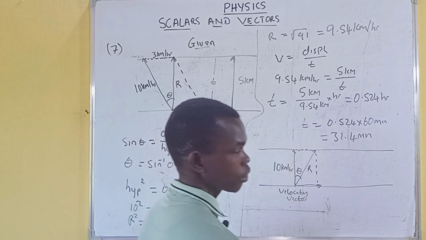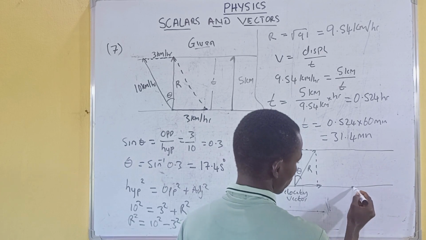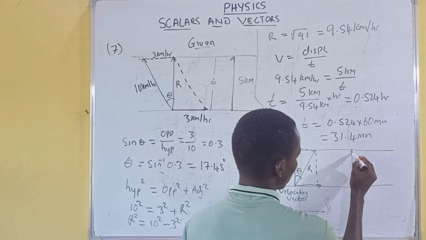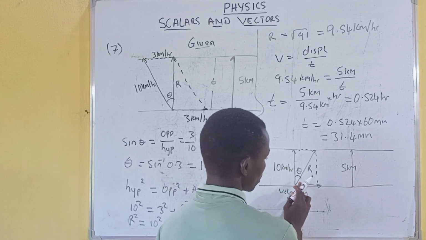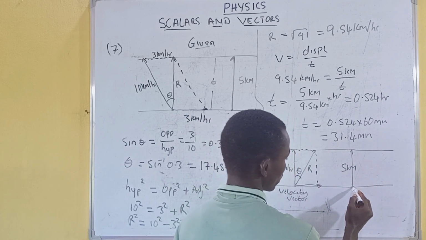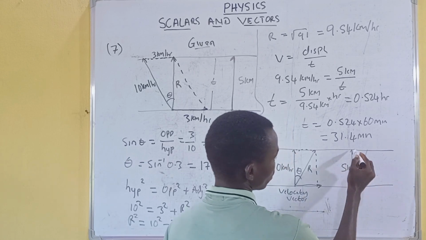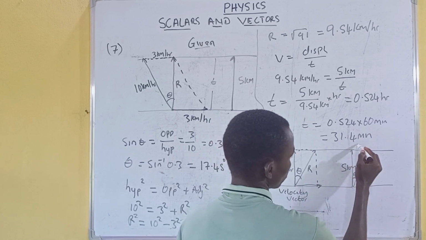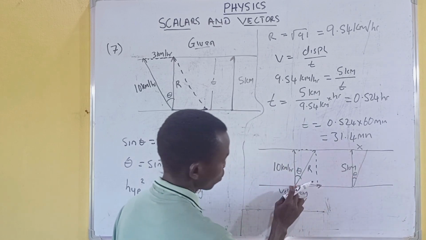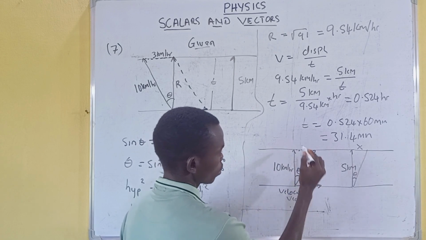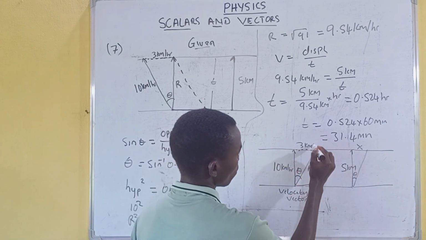If we consider the displacement vector, from the question, from here to here is 5 kilometer. Since the boat will head in this direction, our new distance from here to here, let's assume it to be s, while the current for the velocity vector is equal to 3 kilometer per hour.